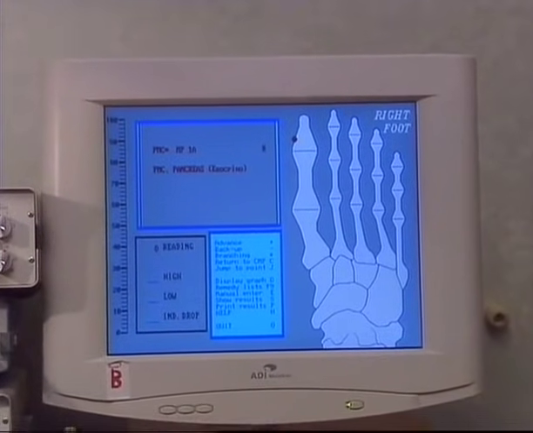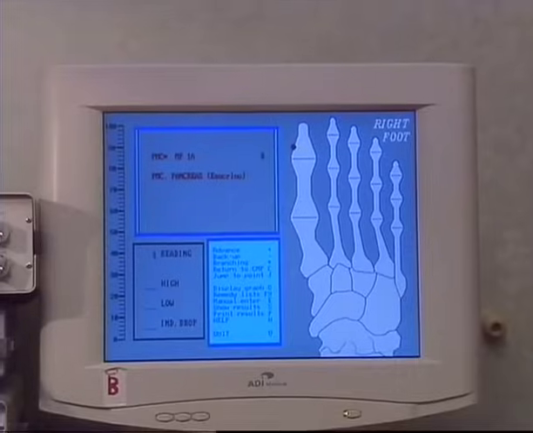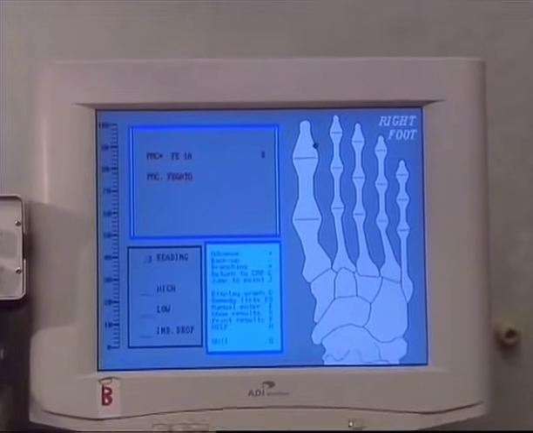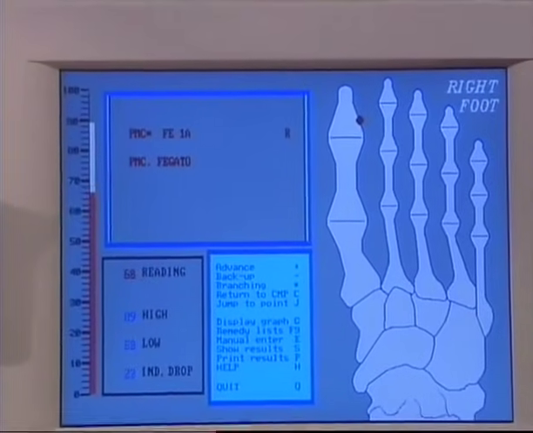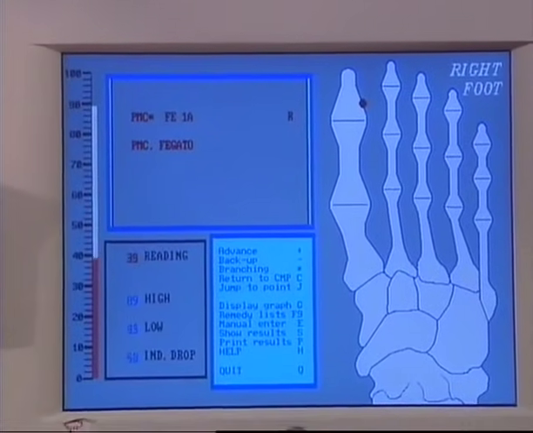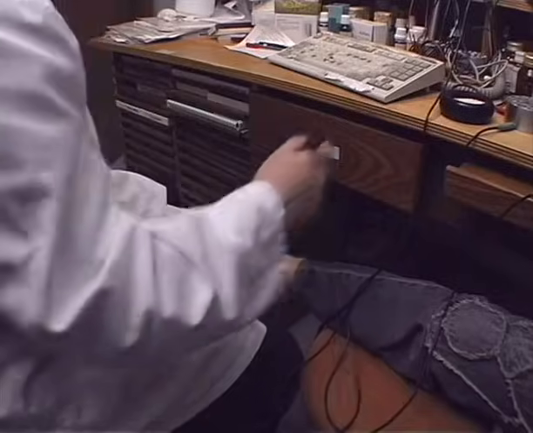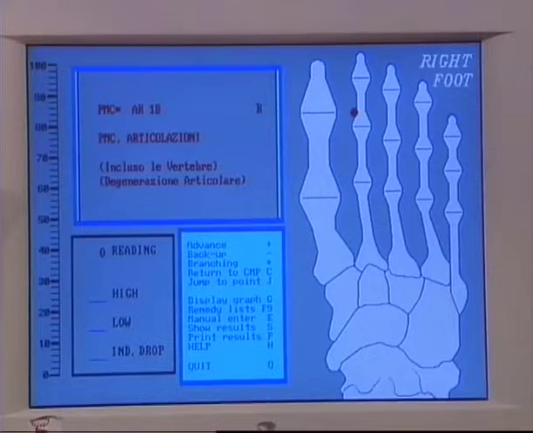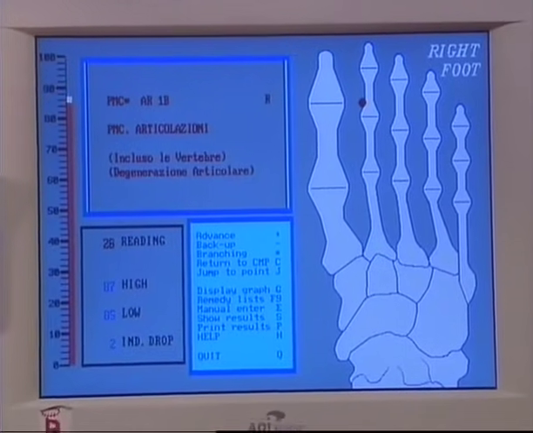Here we are analyzing the meridian of the pancreas. Now the liver. Here it's dropping a lot. In fact, this is the organ which has shown the greatest fall in the index.